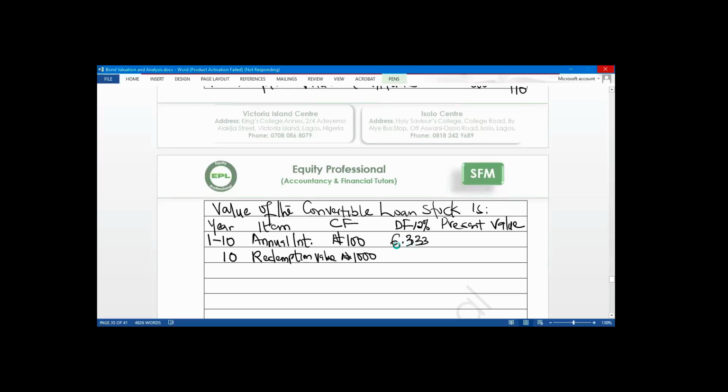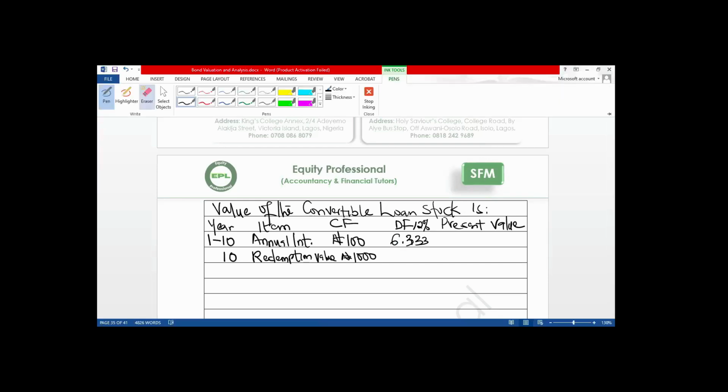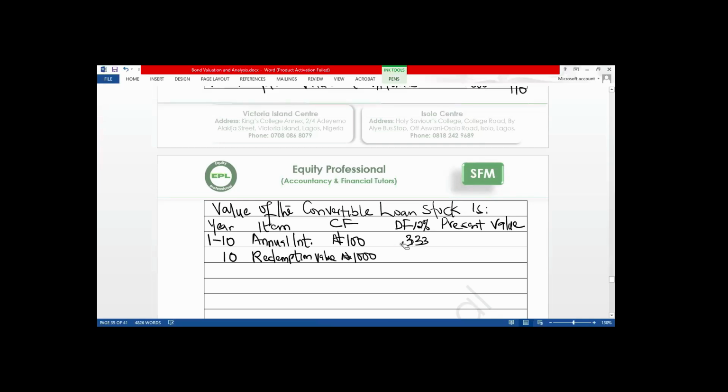All right. I need to take this off. $5.65. Then 12% discount factor for year 10.